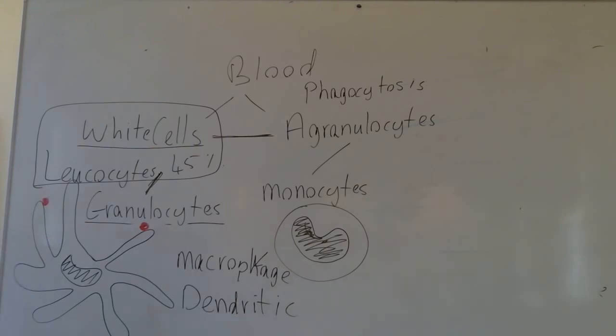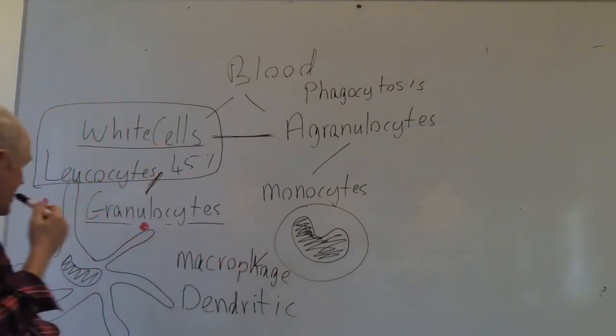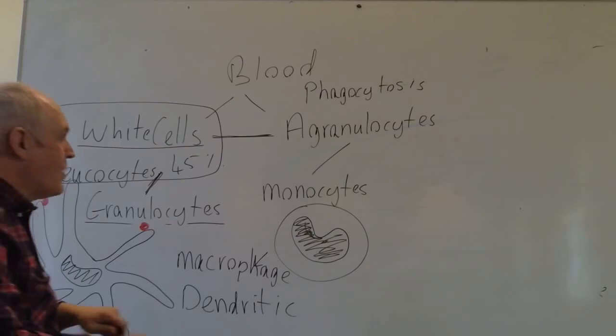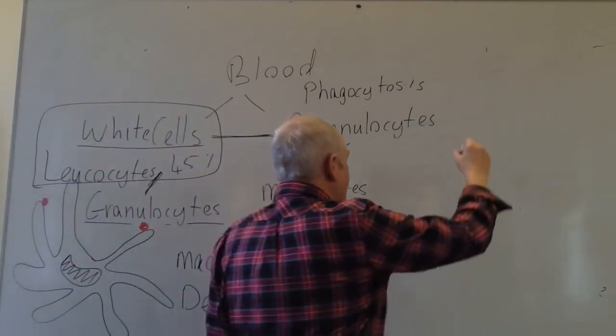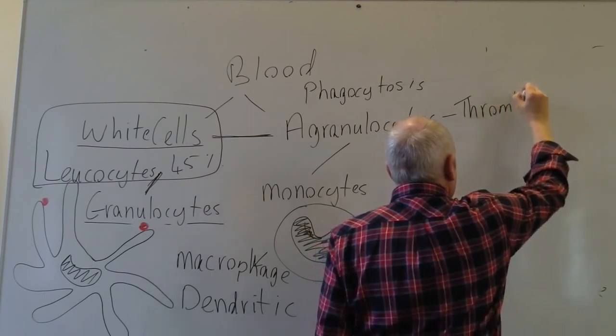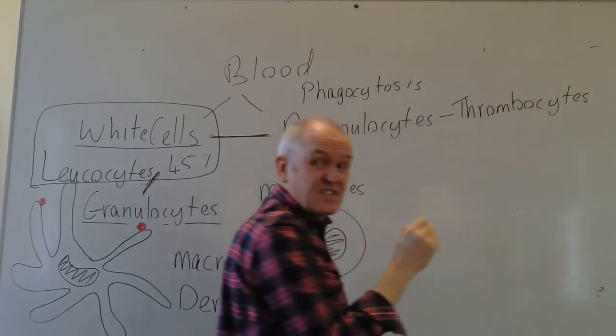So that's monocytes. In the blood they're called monocytes. In the tissues they become macrophages and dendritic cells. Now also included in the granulocytes we can have the thrombocytes, or the platelets.